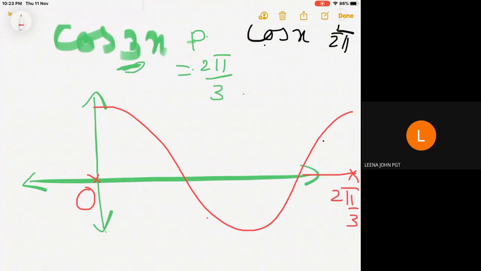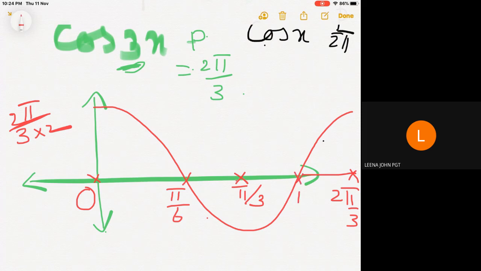Then half of this period, or midpoint of 0 to 2 pi by 3, will be 2 pi by 3 by 2. So we will get here pi by 3. Again half of that you will get here pi by 6. So the basic unit is pi by 6: 1 pi by 6, 2 pi by 6. Here it comes 3 pi by 6, that means pi by 2.